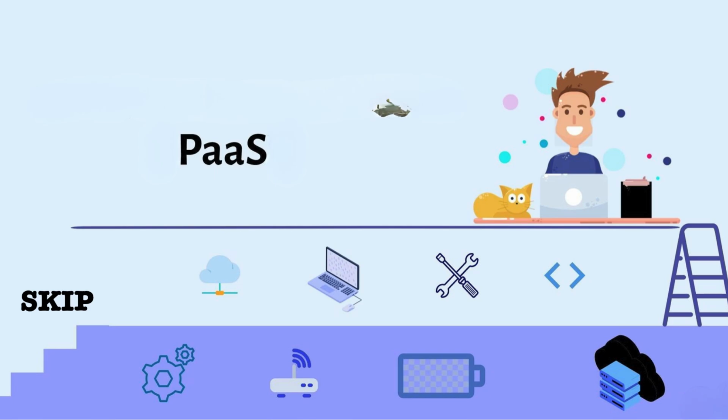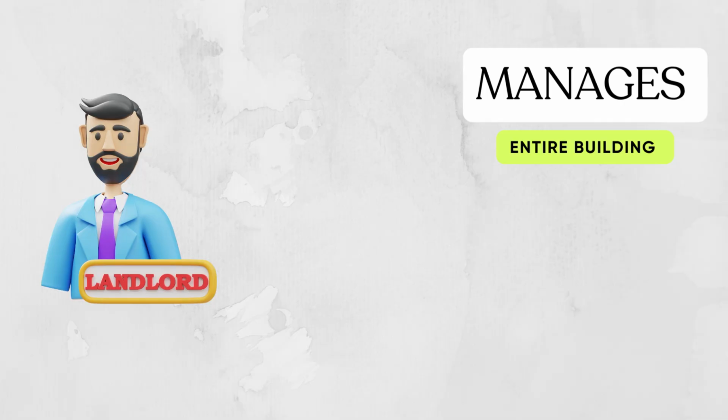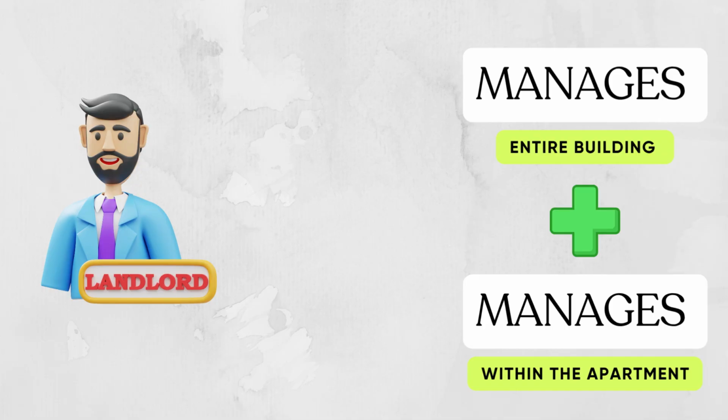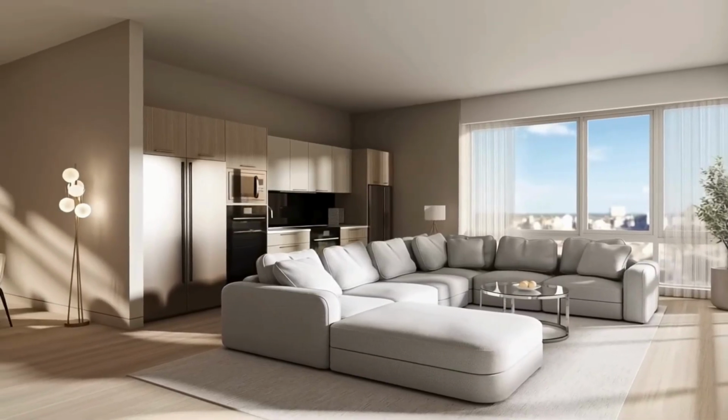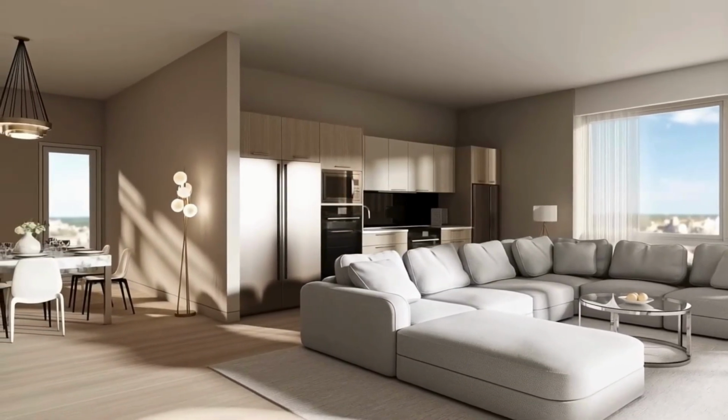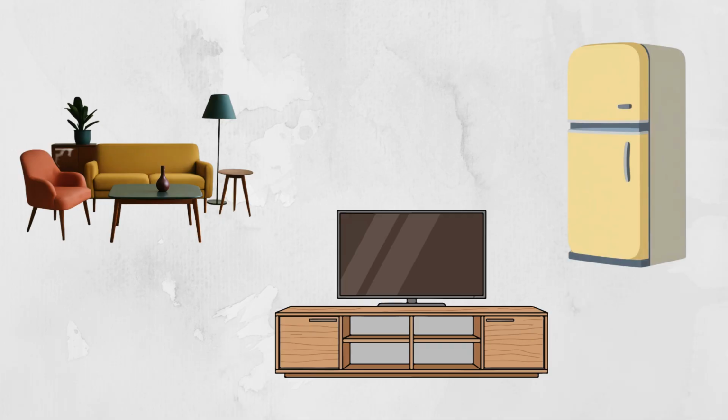Now, back to our analogy. This time, not only is the landlord responsible for maintaining the building, but he also manages everything inside your room, more like a furnished apartment. He provides the furniture, appliances, and even decorations, and might even have a say in who you bring into the room.